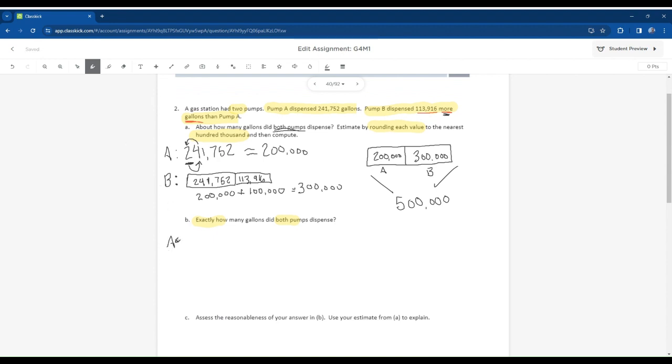So pump A dispensed 241,752 gallons. Now again, pump B is not just 113,916 gallons. It is the 241,752 gallons that pump A dispensed and the additional 113,916.